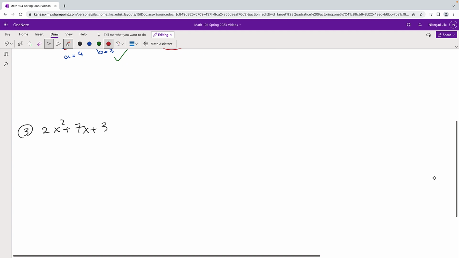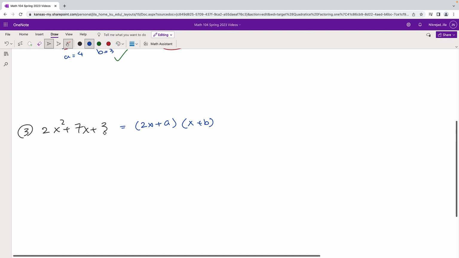Now, let's make it a little bit more complicated and see if it's still worth doing this using this method. Because I have a 2 in here, I know that I have to have 2x plus a times x plus b. And 2 only factors into 2 times 1. Now it matters which order I put in a and b.